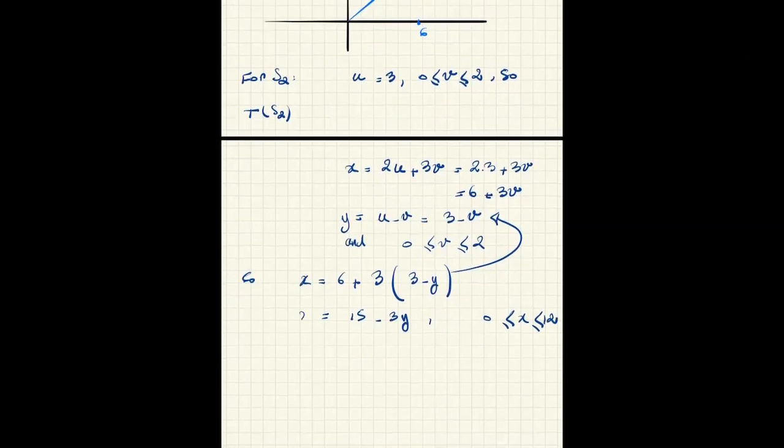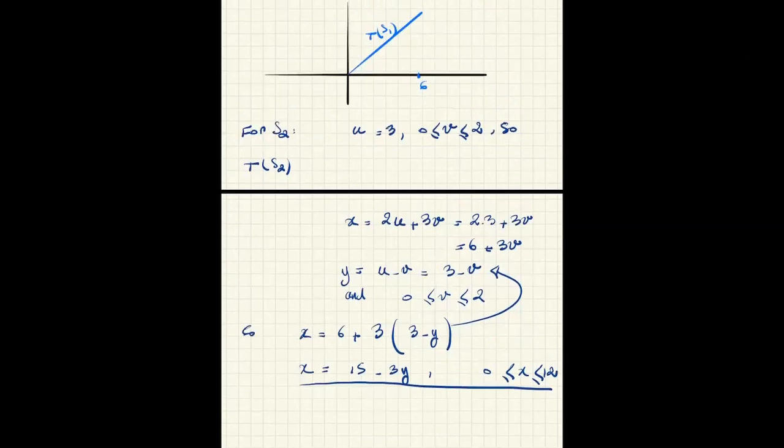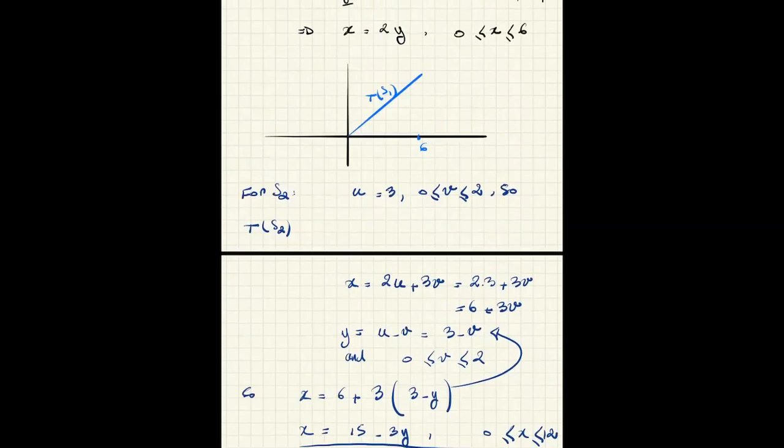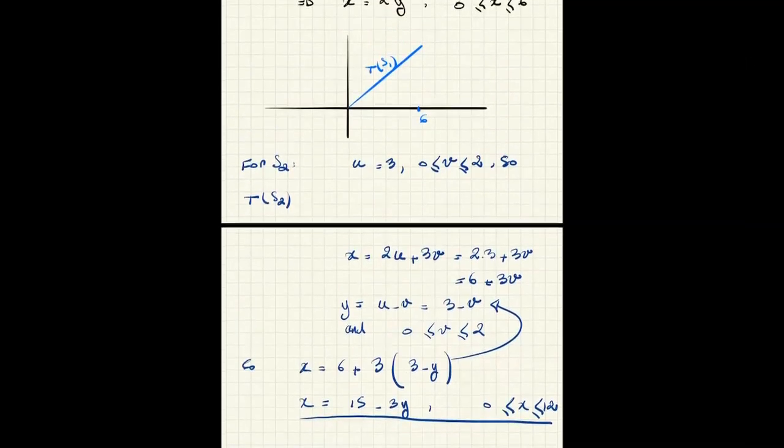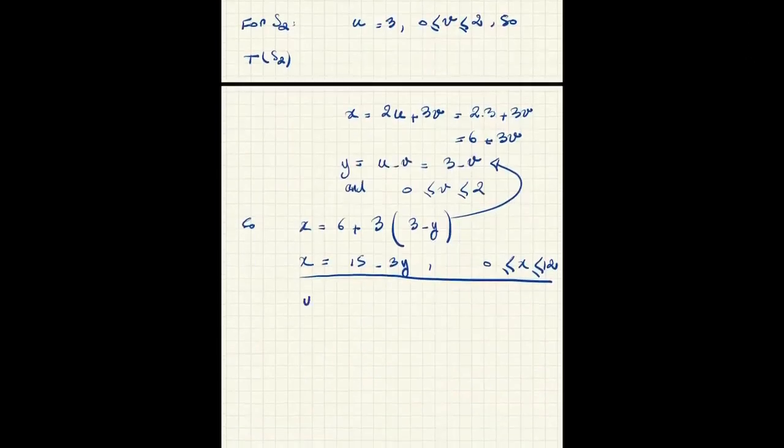Now I have to plot this along with T of S1. Of course they're going to match on their endpoint. It's a line that starts at 6. You have to isolate y: y is equal to 15 minus x over 3. Sorry, did I make a mistake? No, sorry, this is 6.